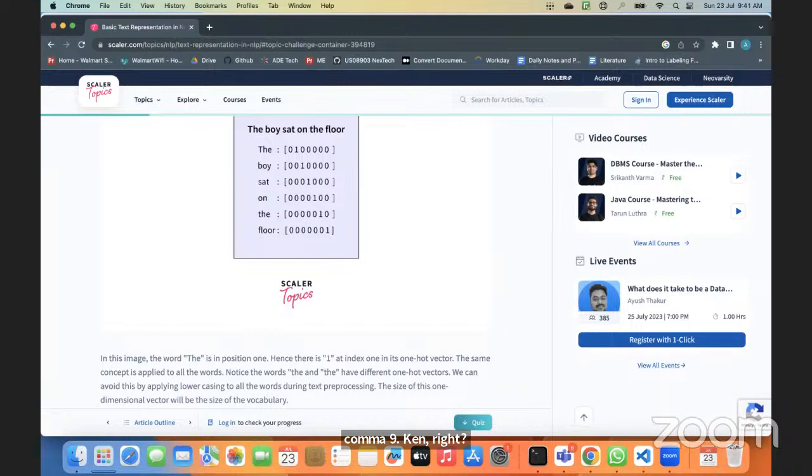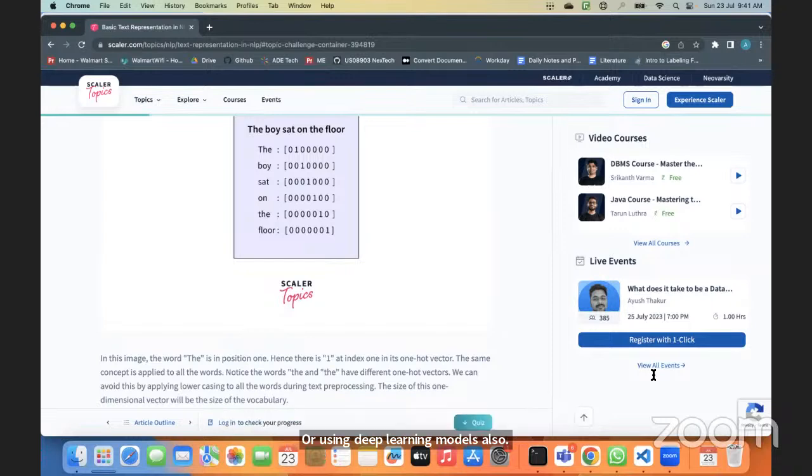And queen is also a 4-dimensional vector, which is 0.1, 3, 8, 2. Let's say we derived these vectors using some NLP method, some mathematical frequency method, or deep learning models also.